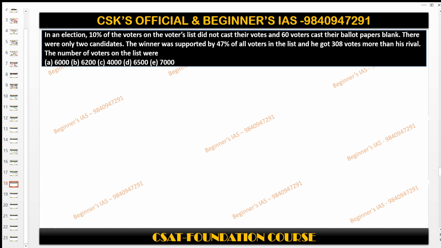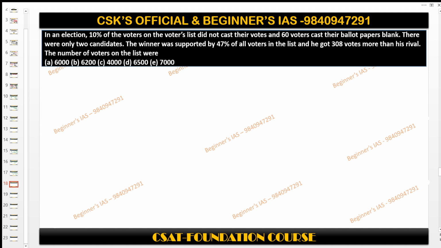Voter-based question. Take this question. In an election, 10% of the voters on the voters list do not cast their vote. 60% of voters cast their ballot paper blank.